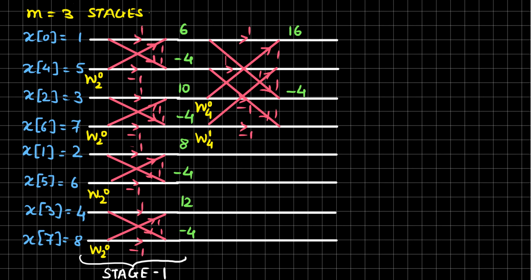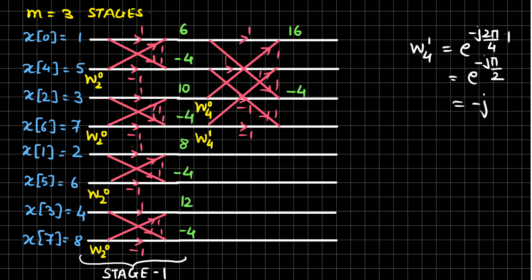So this W4 to the power 1 can be written as e to the power minus j 2 pi by 4 into 1. So this comes out to be e to the power minus j pi by 2, and this is equal to minus j.